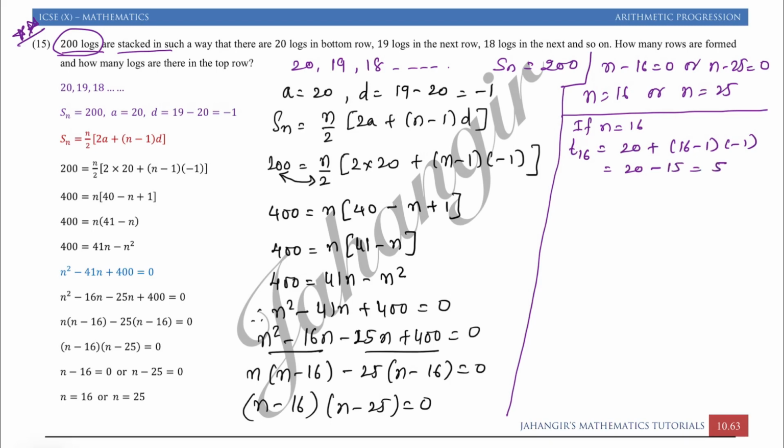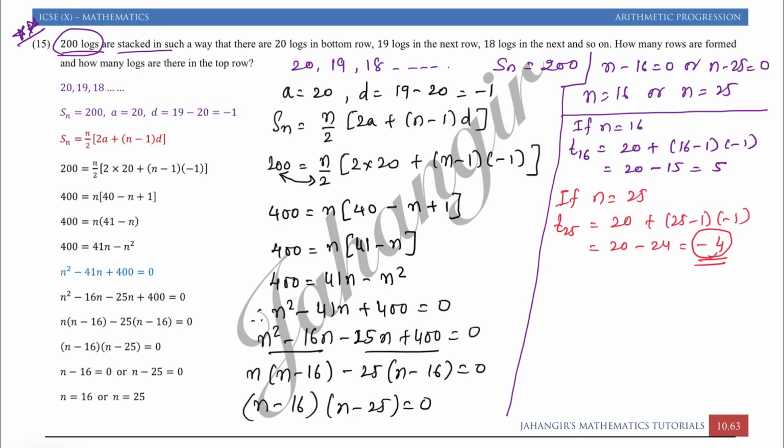So if the number of rows is 16, then in the top row we have 5 logs. And we will check the second case also, if n is 25. So T25 is equal to 20 plus 25 minus 1 into minus 1. So that is 20 minus 24 which is equal to minus 4. Since we are taking 25 rows, in the top row we have minus 4 logs.